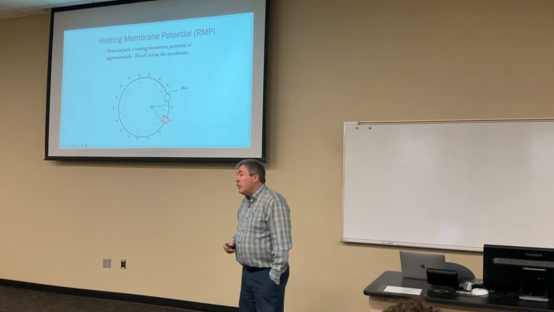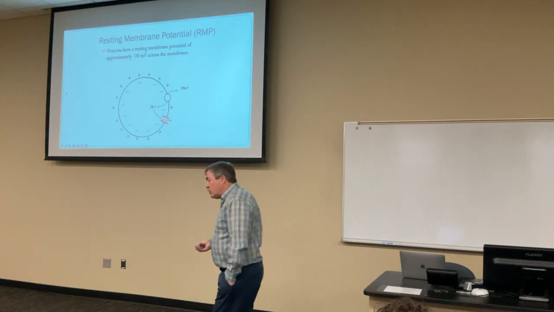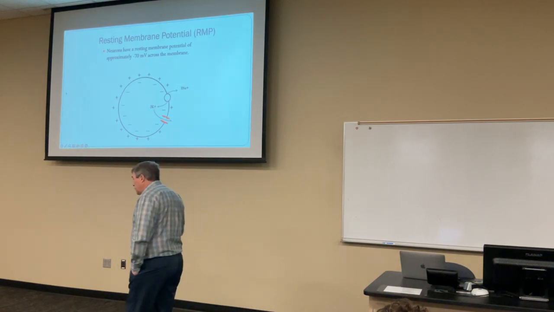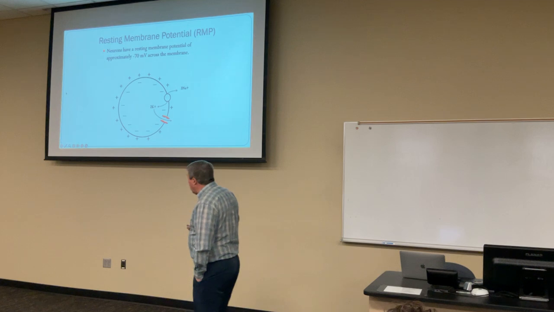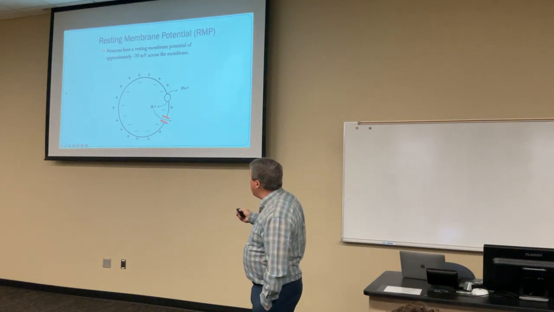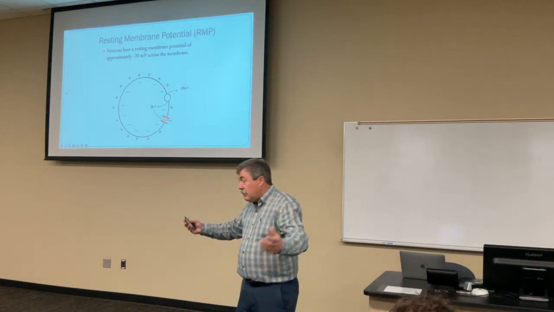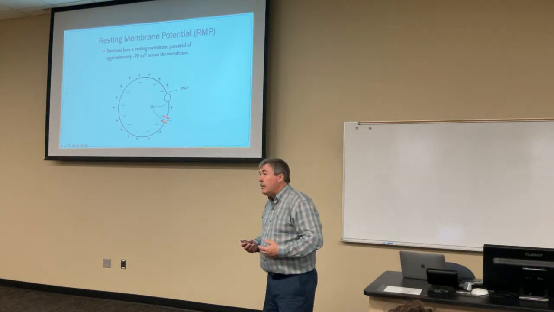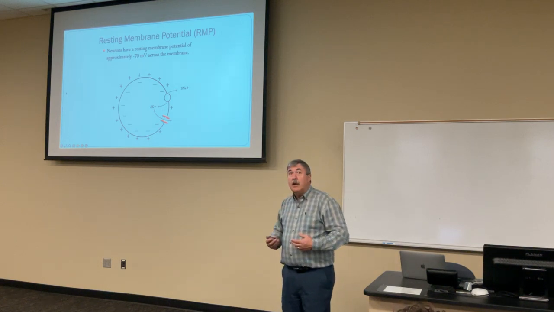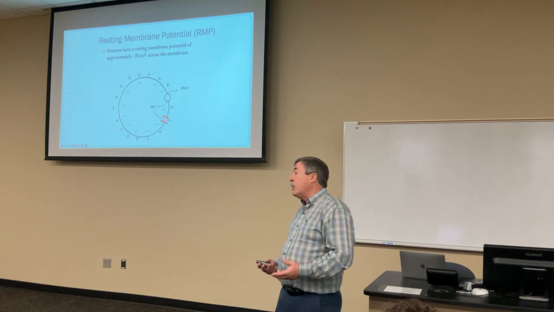We can do that by looking at the effect of each ion individually, and so the overall membrane potential is actually the sum of the effects of all the individual ions on the membrane potential. But to do that probably is going to take us about 15 or 20 minutes.